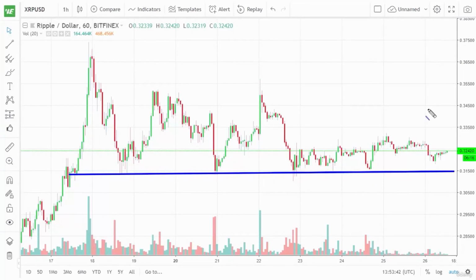That is support. Market participants are supporting Ripple at this level, this price. Now, resistance is just basically the exact opposite. You can see that price could not break above 32.5 for these couple of days here. That could have been thought of as resistance.